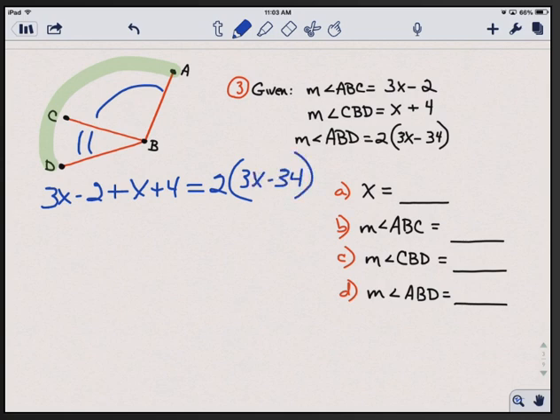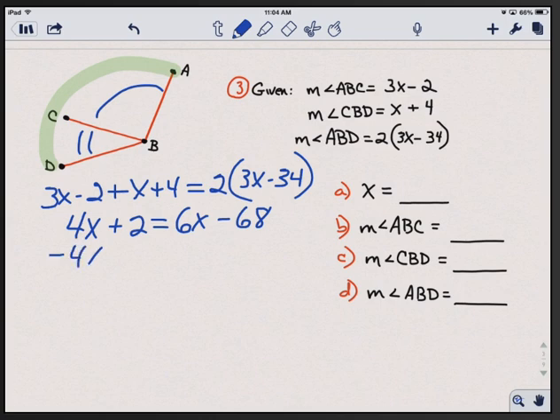So we have an equation we now simplify and solve. So 3x plus 1x is equal to 4x. Negative 2 plus 4 is equal to plus 2 equals, using the distributive property, we have 2 times 3x is 6x, plus 2 times negative 34 is negative 68, or minus 68.